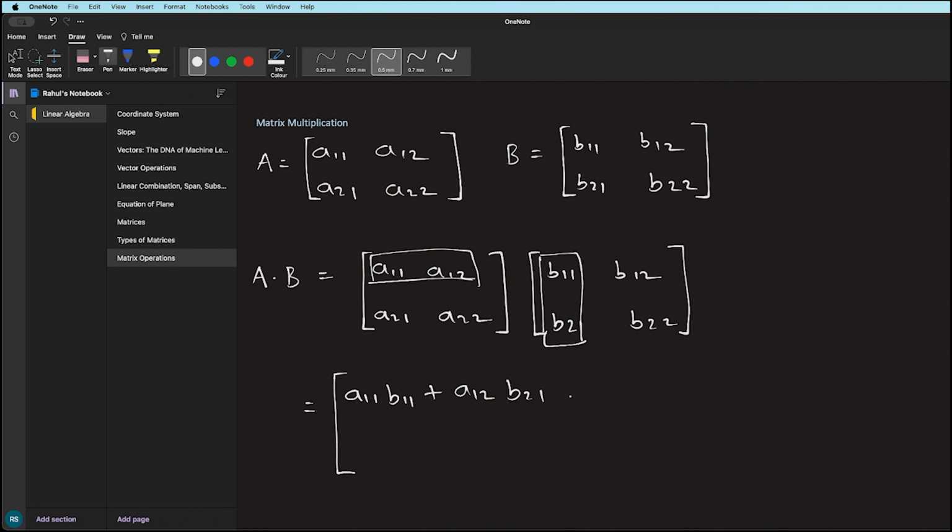Similarly, for the second element in the matrix, I will choose the first row and the second column.